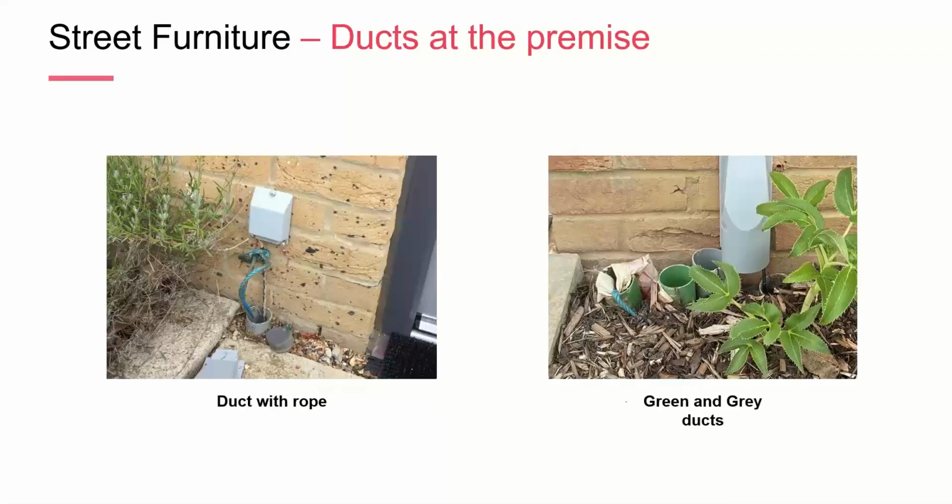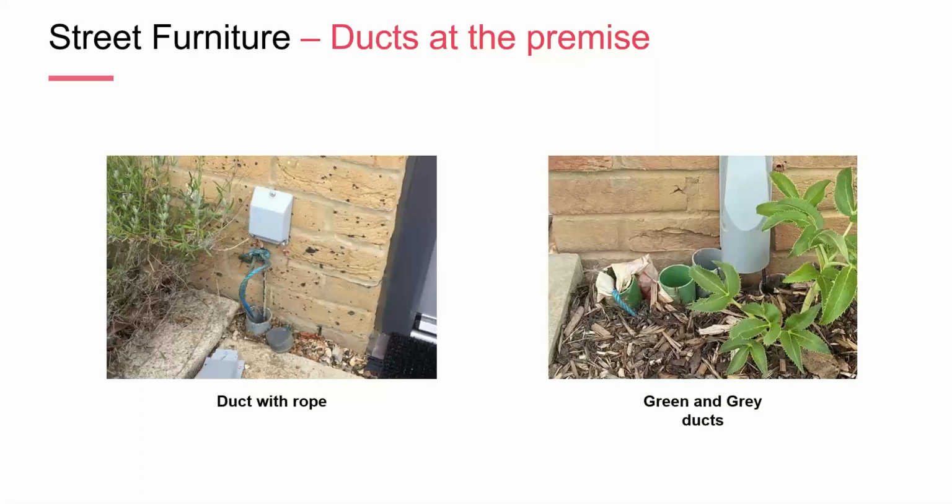And then going further, if we look at the premises, there'll be some sort of duct going underneath the front of the house, and then you see these either grey or green ducts. The green ones are Virgin Media and the grey ones are Openreach, and you may sometimes see a blue rope.